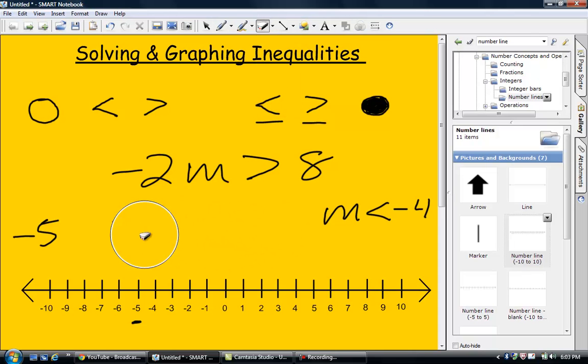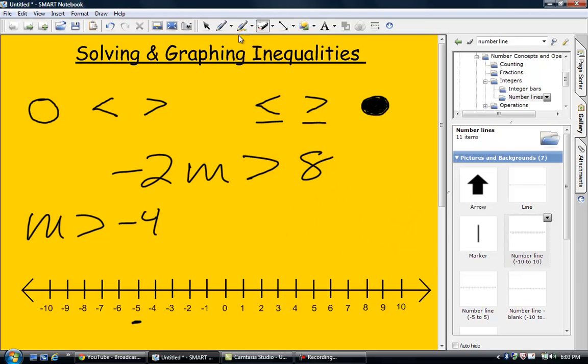Now we're going to go back and pretend like we didn't know what we were doing and not change the direction of the sign, and we're going to assume that our answer was m is greater than negative 4. And now you will see why this wouldn't make any sense. So let's pick a number greater than negative 4. Why don't we just start here at negative 3.